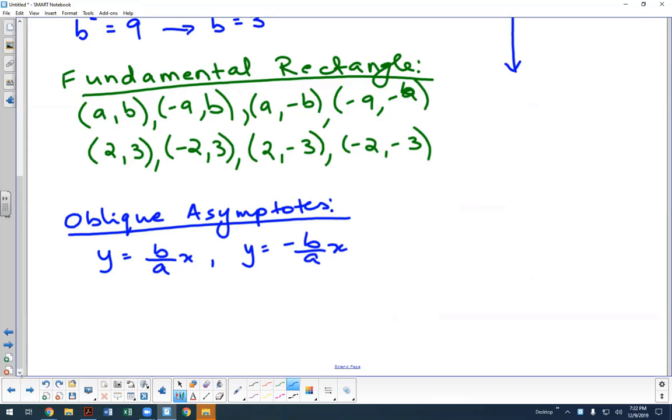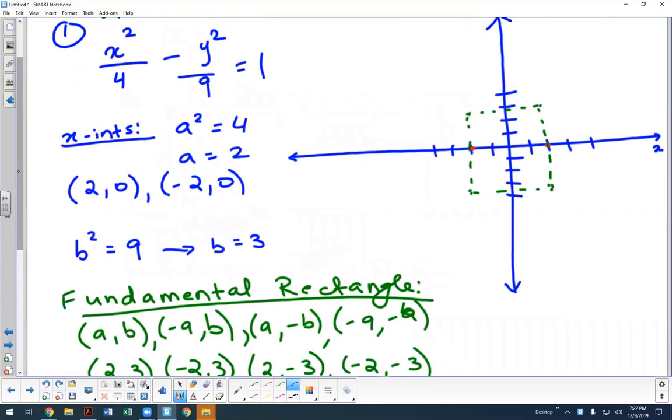And of course, these guys are equations, so it's always going to be y equals. So for us, b is 3, a is 2, and y equals 3/2 x and y equals negative 3/2 x.